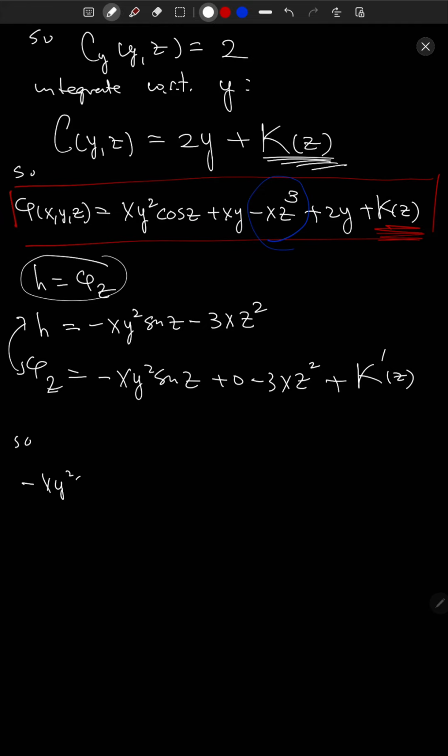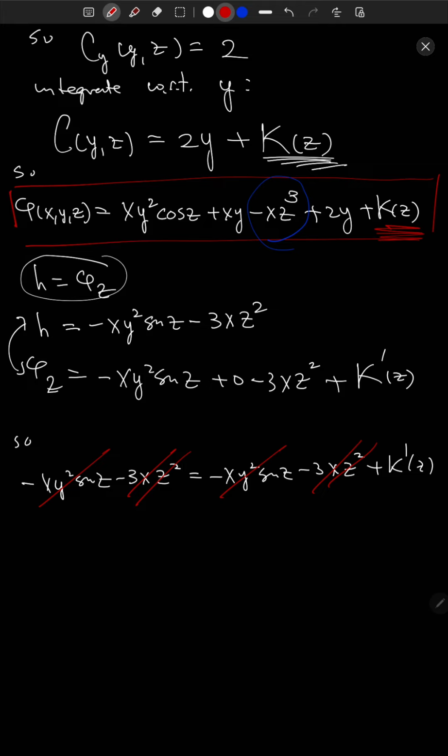Minus xy squared sine z minus 3xz squared equals minus xy squared sine z minus 3xz squared plus k prime of z. All right, and again, we expect cancellations like this. If our thing is actually conservative, we expect this to work out. And what we see is that k prime in this particular example just turns out to be 0.